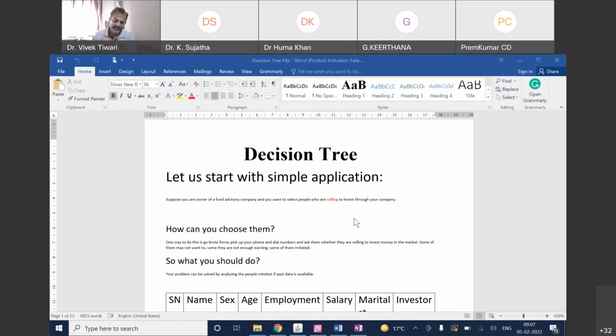Let's start with an example. Suppose you are a sales manager or CEO in a big company, and the company's business is to sell policies, or encourage people to go for investment. You have a lot of investment options.